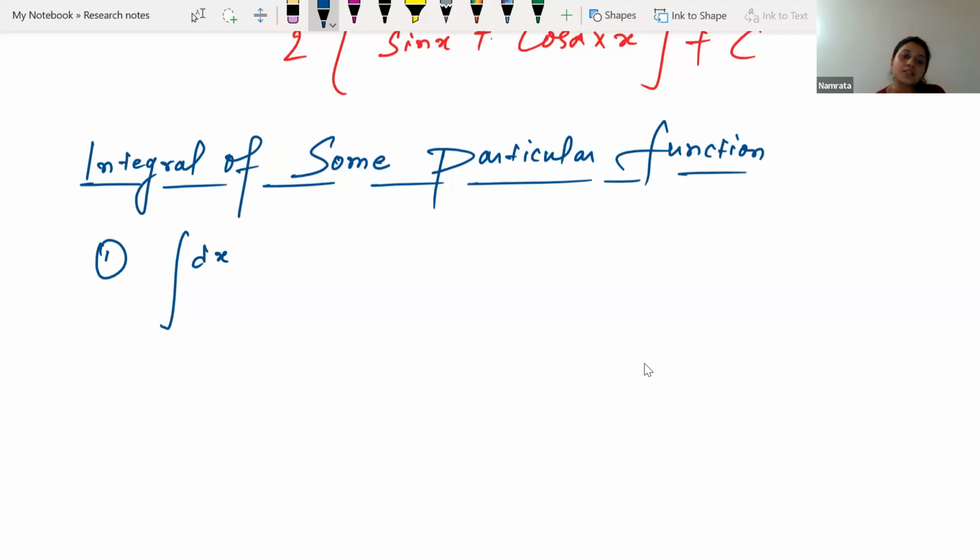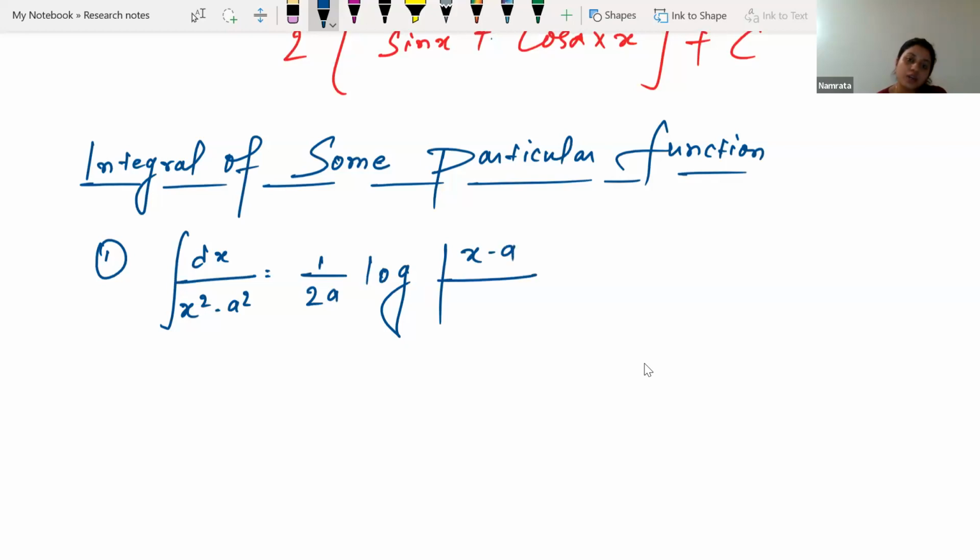The first formula is integral of dx by x square minus a square, that is 1 by 2a log x minus a over x plus a plus constant of integration. Whenever you see any function that looks like dx by x square minus a square, not exactly but something like this, then we can directly write the integration as 1 by 2a log x minus a by x plus a plus c.